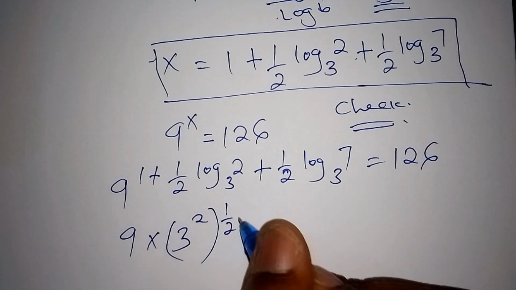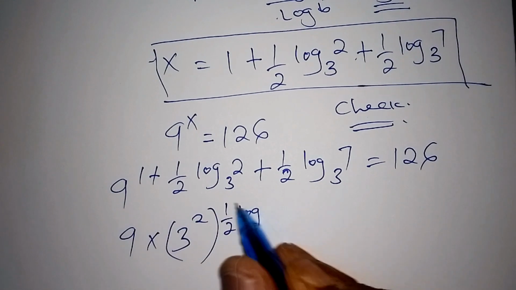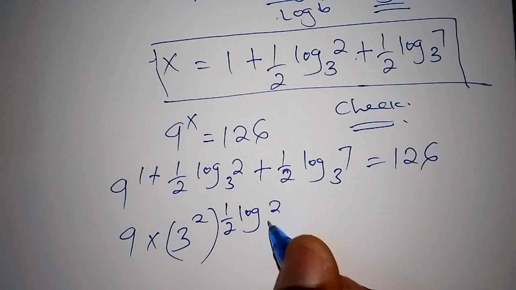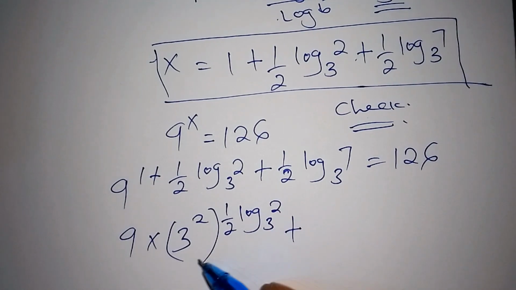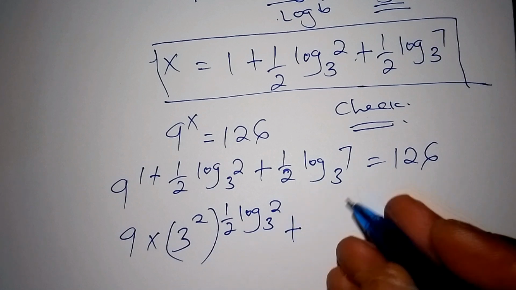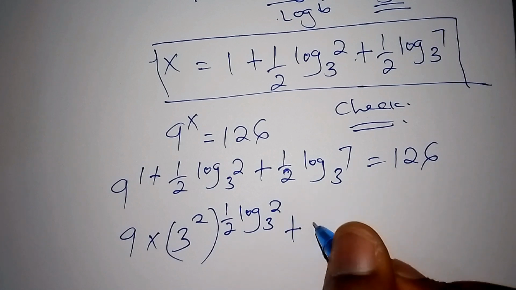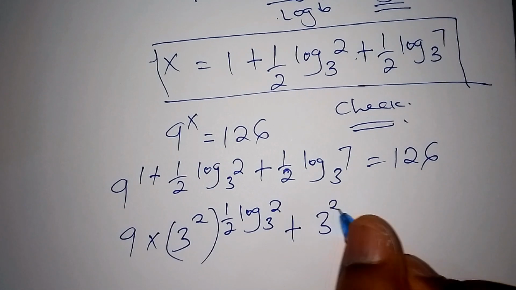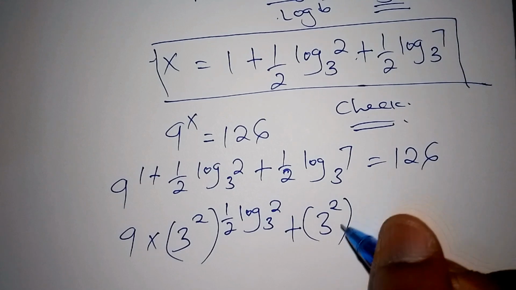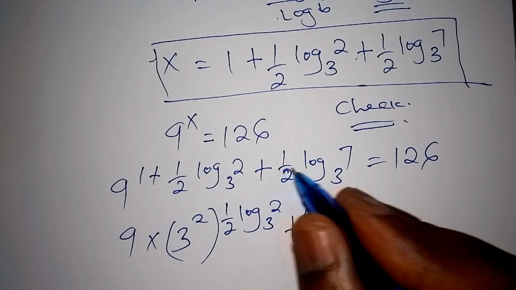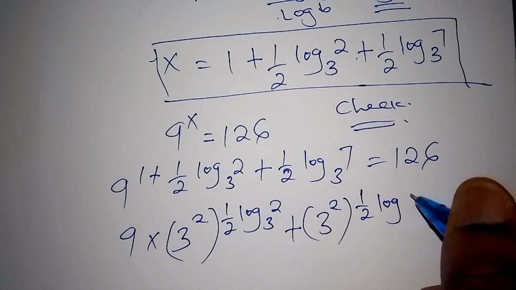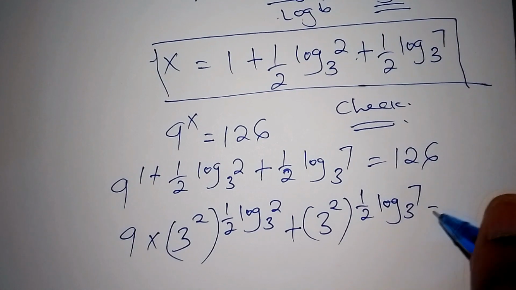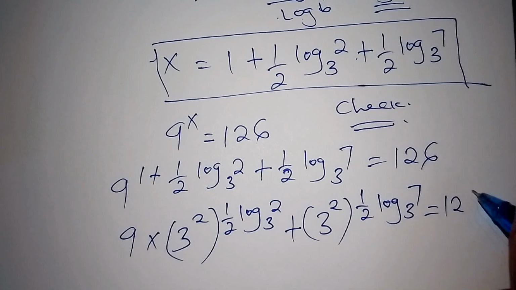Then plus, 9 to the power of a half we can still write this way, 3 squared, to the power of a half log 7 to base 3 is equal to 126.